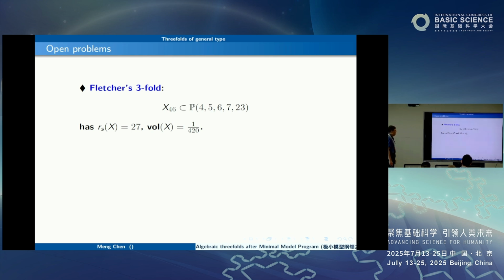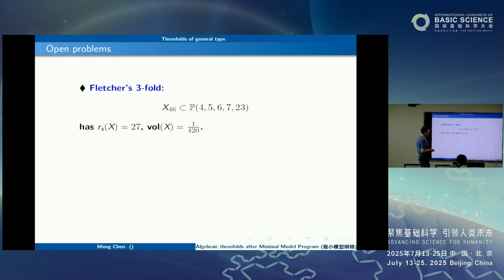So this is the first very interesting example. Before this, maybe people even believed that in high dimensions every variety should have integral canonical volume. But in the 1980s, people already knew that in high dimensions the canonical volume could be a very small rational number.